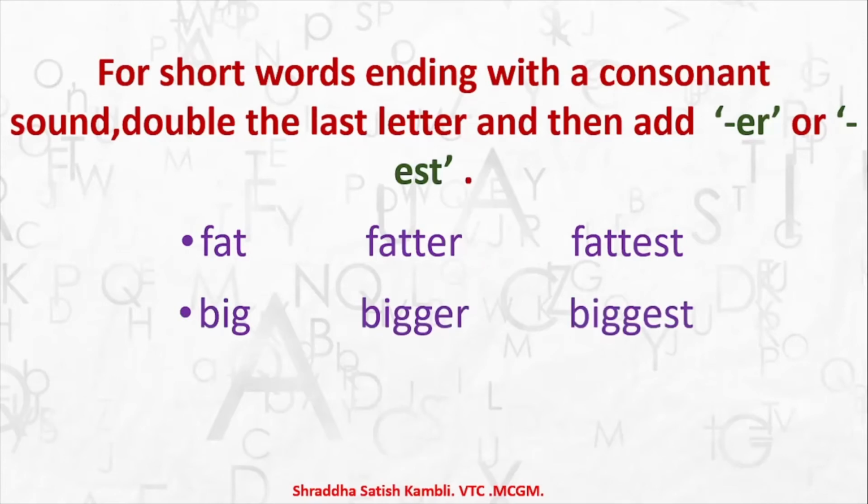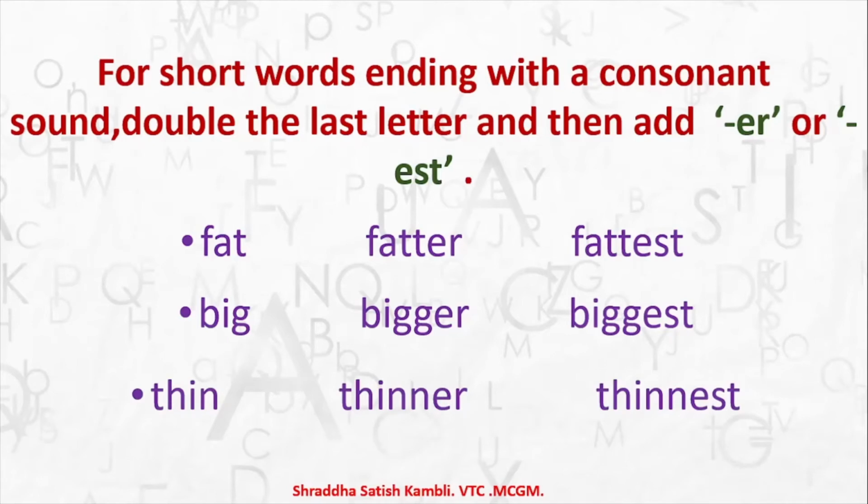You have big, bigger, biggest. See, we repeated the G and we added ER and EST. Finally, you have thin, thinner, thinnest. You repeated the N and you added ER and EST. So for short words ending with a consonant sound, you double the last letter and then you add ER or EST.